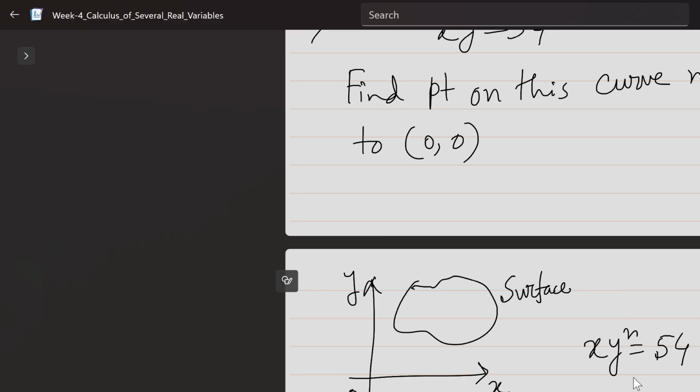You can find direction ratio by finding the gradient for any surface, but some difficulty will come because the gradient is a function of x and y.